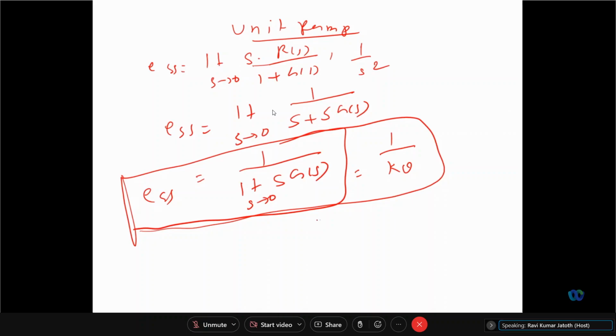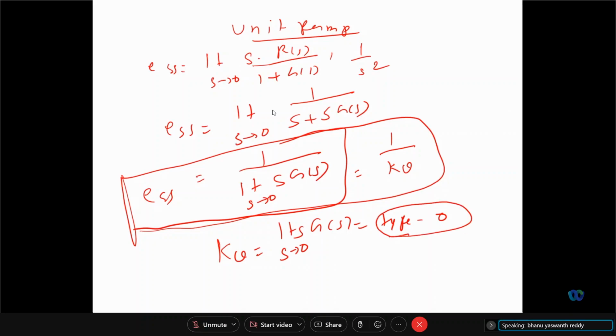Now, if G of S is a type 0 system, what is KV? G of S is K into 1 plus sTa, 1 plus sTb by 1 plus sT1, 1 plus sT2.